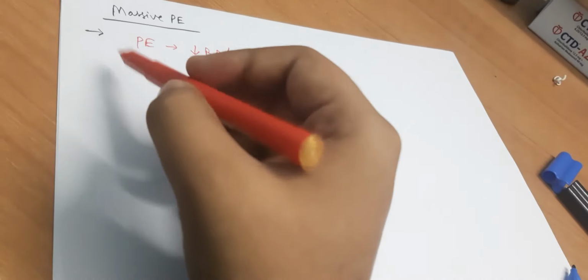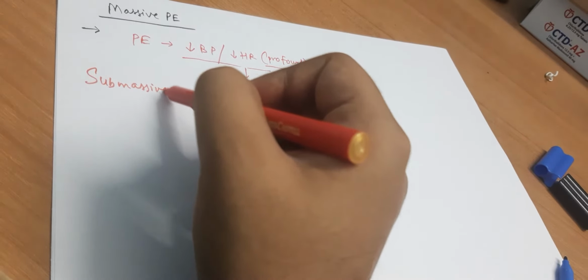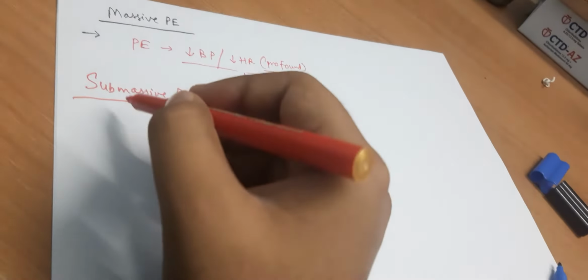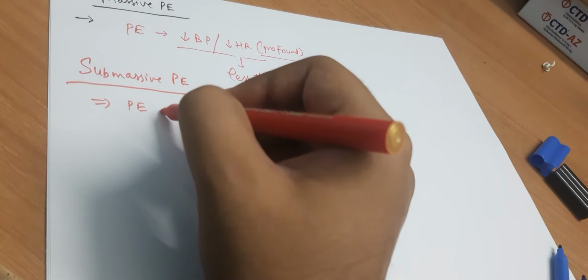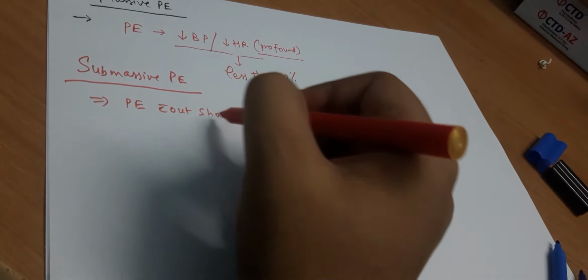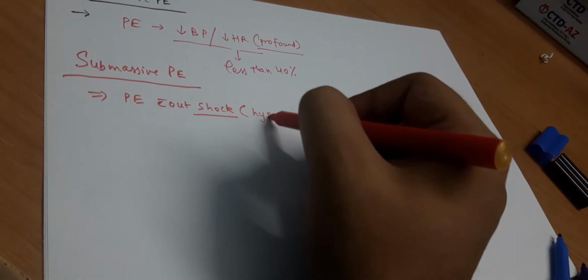So first of all, we will discuss submassive pulmonary embolism. PE without shock. That means without hypotension.